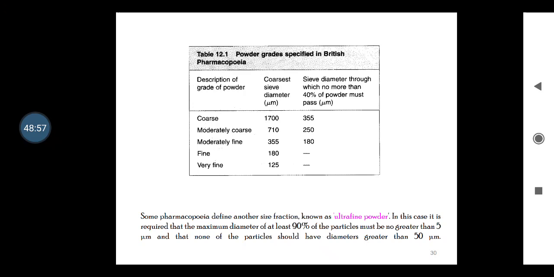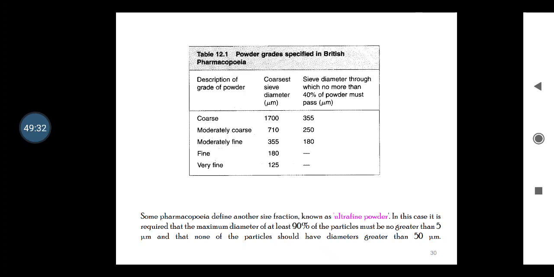So as we have discussed earlier, the coarse powder having the 355 nominal mesh aperture size has the coarse sieve diameter of 1700 in micrometer. Whereas for moderately coarse powder, that is your higher limit. According to the higher limit only, the British Pharmacopoeia has graded the different types of powders by means of coarse sieve diameter.